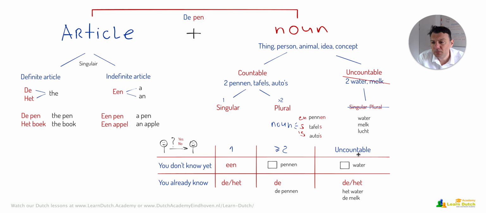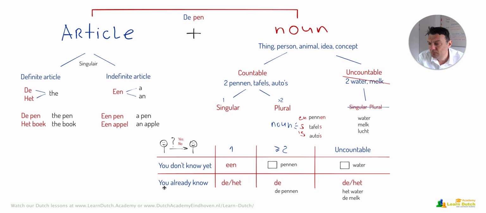When something is uncountable, like water, milk, lucht, again, we are not going to use an article. It will be an invisible article. But we're going to do it only when you, another person, wouldn't know yet what you're going to talk about. It's not specific.